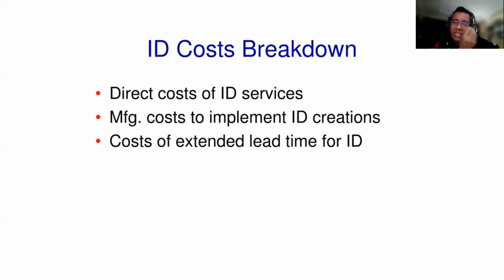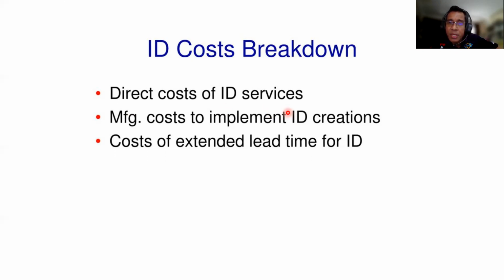So all this equals the cost. When you implement, you need to put some money in to invest in that. So all this is considered a direct cost for ID service. Even if you hire a consultant for ID, that is also a direct cost for the ID service.